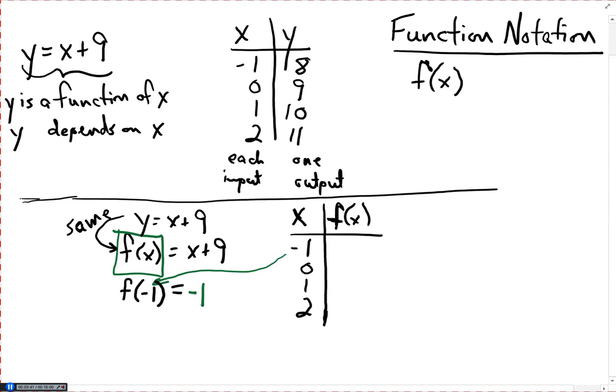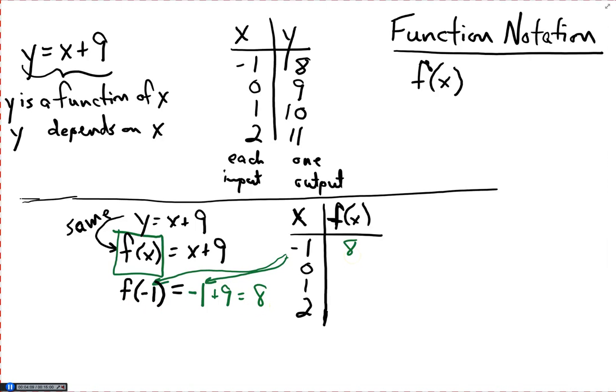It equals -1 plus 9. And that gives me 8, which is what I had before. All I'm doing is substituting the value -1 in everywhere I have an x. And I would read this as f of -1 equals -1 plus 9 equals 8. So f of -1 equals 8.